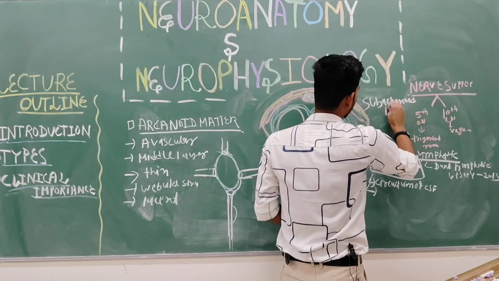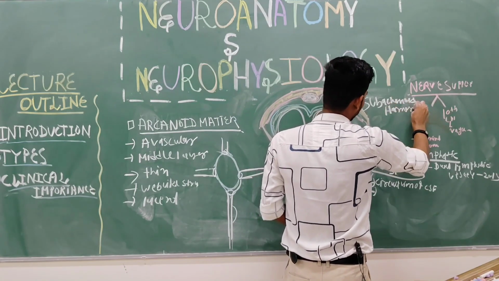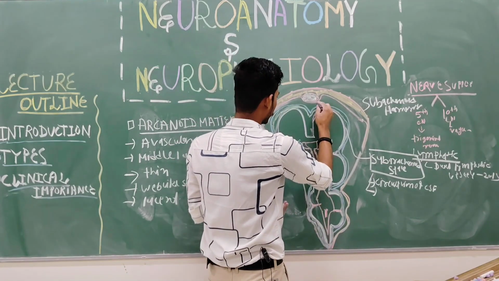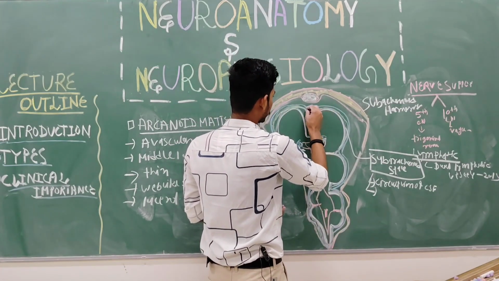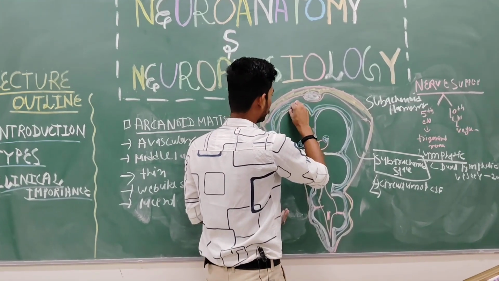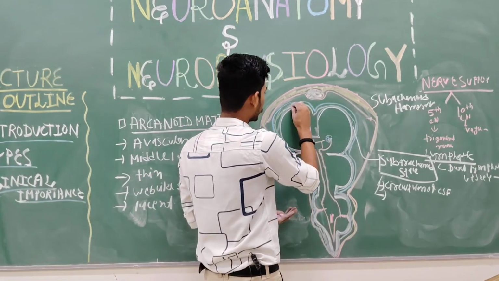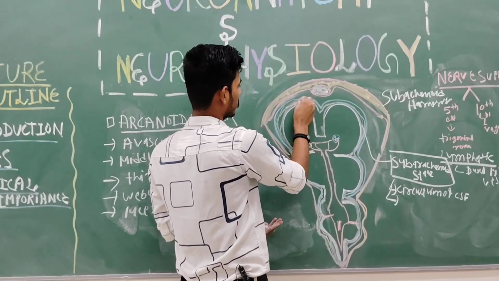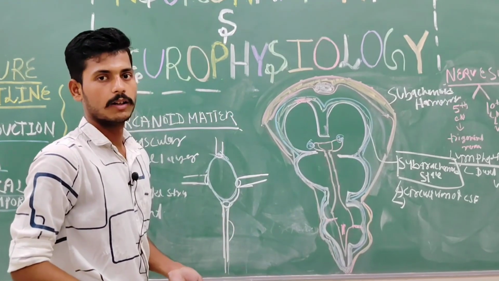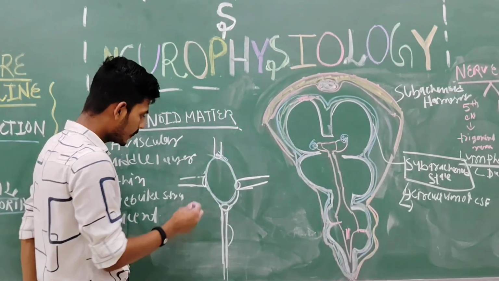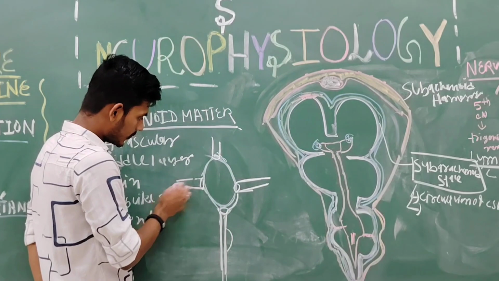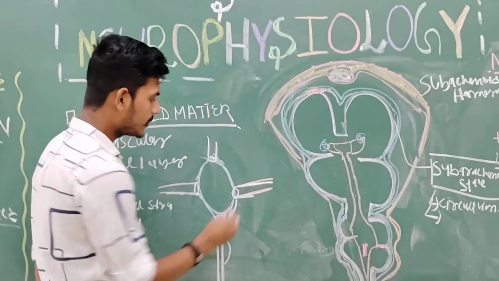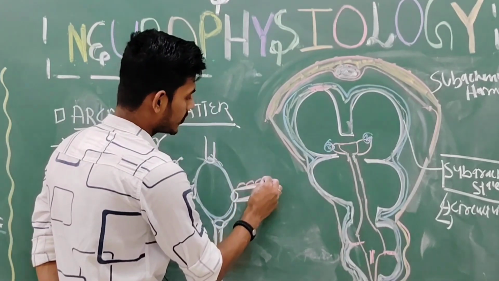Subarachnoid hemorrhage. Understanding? This area gets a hemorrhagic condition, and there will be a collection of blood in this area. Sometimes in these arteries there will be a bulge-like formation that we term the aneurysm.